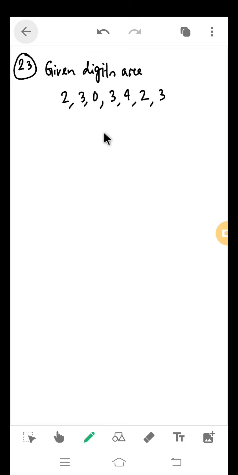So that means you have 2 given 2 times, 3 given 3 times, 0 one time, and 4 one time. Total 7 digits are given.